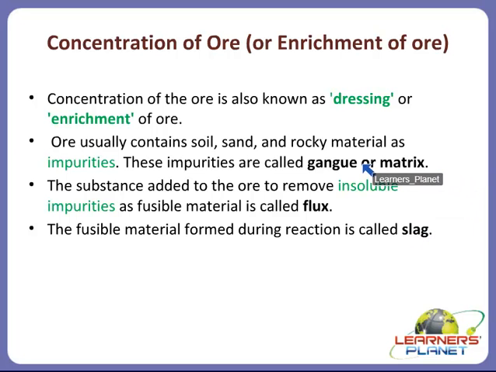Now students, impurities like soil, sand and rocky material can be removed by processes like magnetic separation, hydraulic washing, gravity separation, because their separation depends on the differences in physical properties. But there are certain impurities which cannot be removed by these processes.